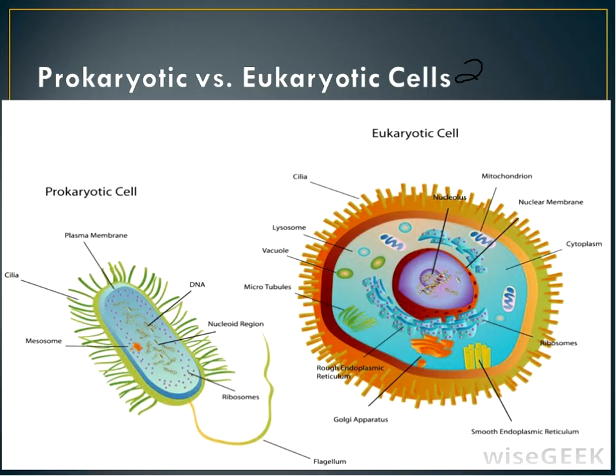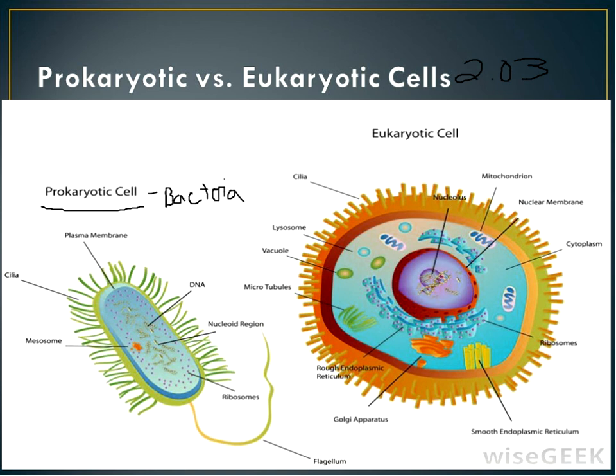Then we got into 203 about prokaryotic and eukaryotic cells. When you think of prokaryotic cells, think of very small things on Earth like bacteria.